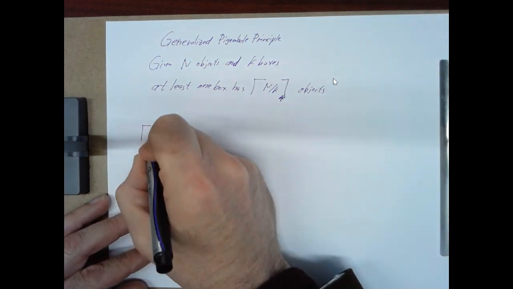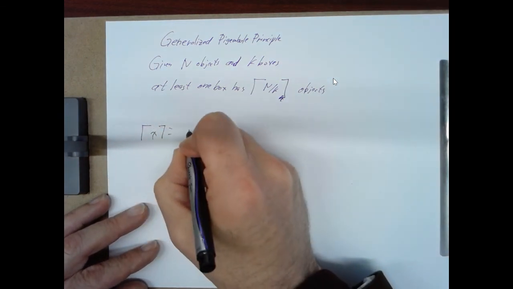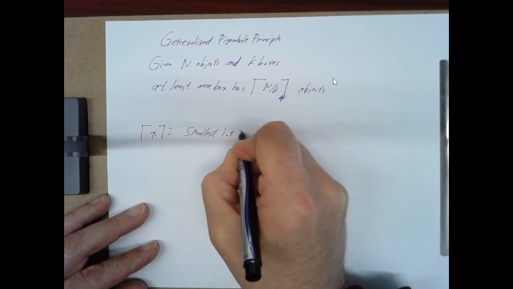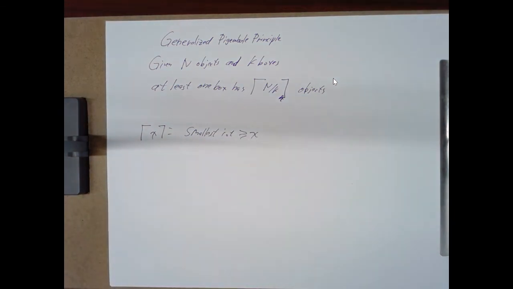So ceiling is the smallest integer bigger than or equal to x. We talked about this briefly a while ago.